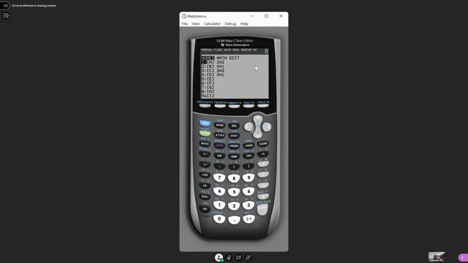We're going to edit the A again, so we're going to move over again to edit. It's still blinking on A. If we wanted to edit B, we just arrow down to B, but we're going to do A. And hit enter. It's a 2x2, so let's leave that as it is. And now we're going to put in 2, 1 and 5, 3.